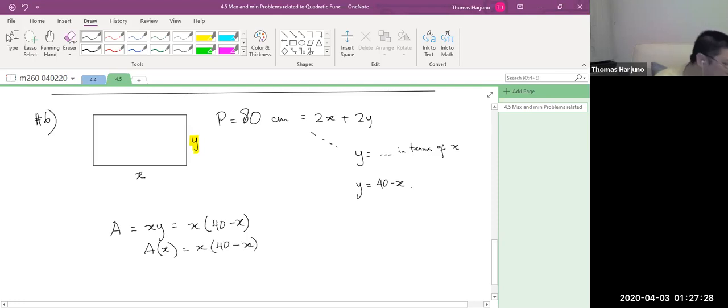Now from here, we want to find the largest possible area. Let's distribute this first. I get 40x minus x squared. Is it quadratic? Yes, it's quadratic. And what is the a?